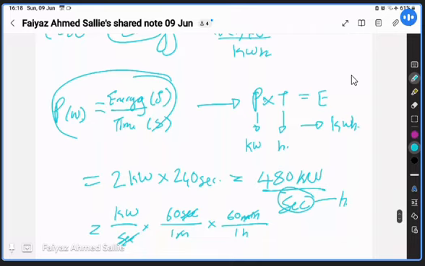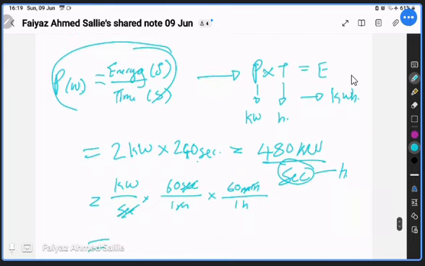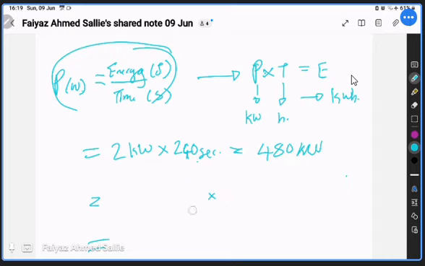Hold on really quickly. Let me see if I'm not making a mistake. 240 seconds, right? Oh, sorry, my mistake. It's kilowatts multiplied by seconds, not per second.